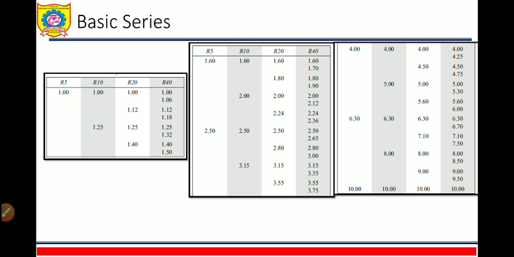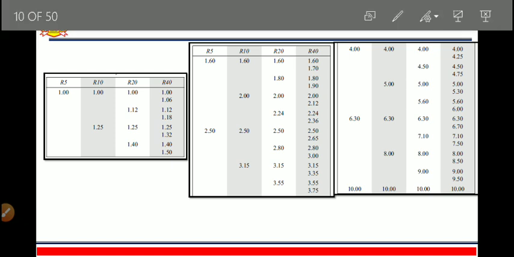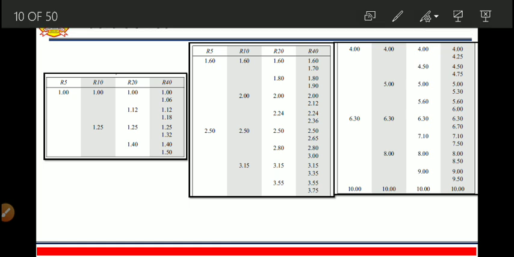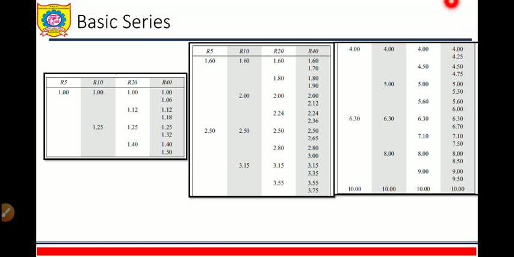Now for the R20 series, from 1 to 10, I have to go through 1, 2, 3, 4, 5, 6, 7, 8, 9, 10, 11, 12, 13, 14, 15, 16, 17, 18, 19, 20, 21. At the 21st number, I am getting 10 in the R20 series.